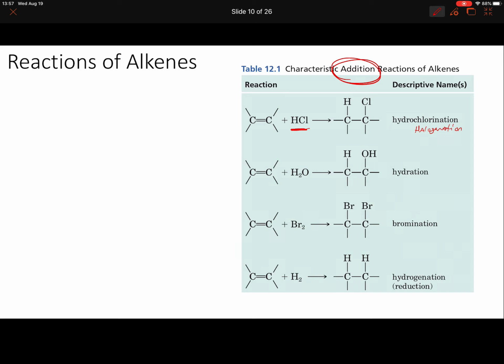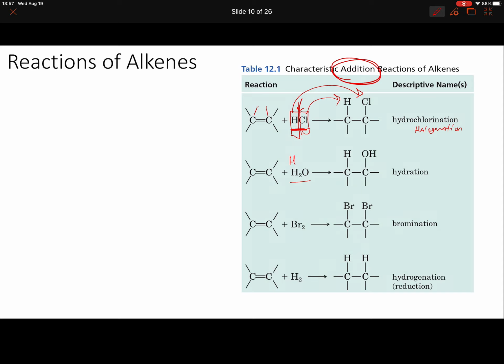Then we have what we'll call the addition of water, which is going to be hydration, adding a water molecule. And pay attention to what is being added. These are going to be binary molecules that are being added to a compound that's going to take 2 new bonds. So both of these parts of the molecule are going to add on to the 2 carbons of our double bonds. Everything here is following that trend.